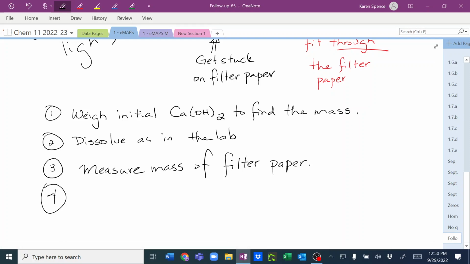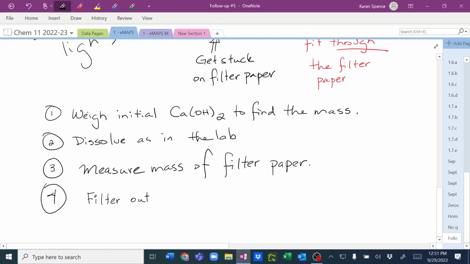Tell your partner what comes after measured mass of the filter paper. What are we going to filter out?